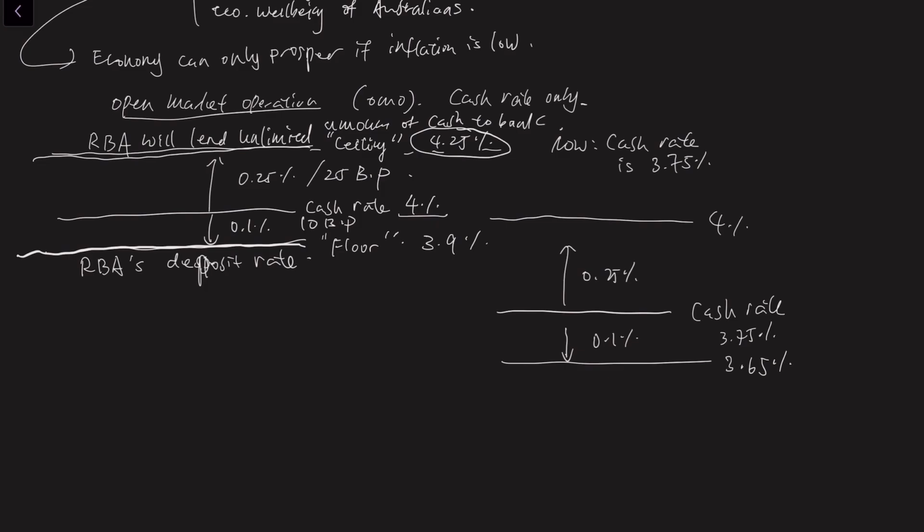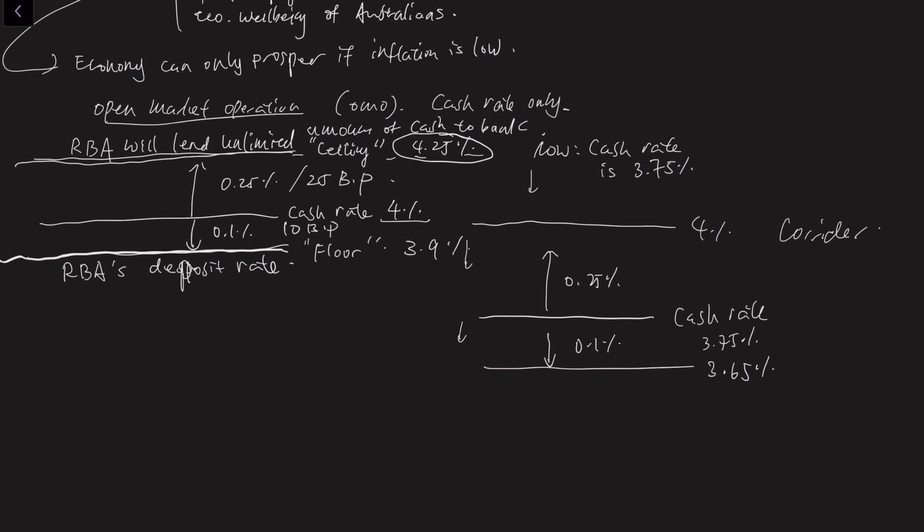And the corridor, so this thing is called the corridor, will shift down automatically. So everything shifted parallel downwards by 25 basis points. And that's how the interest rate changes. So after the policy announcement, the corridor will immediately shift down.